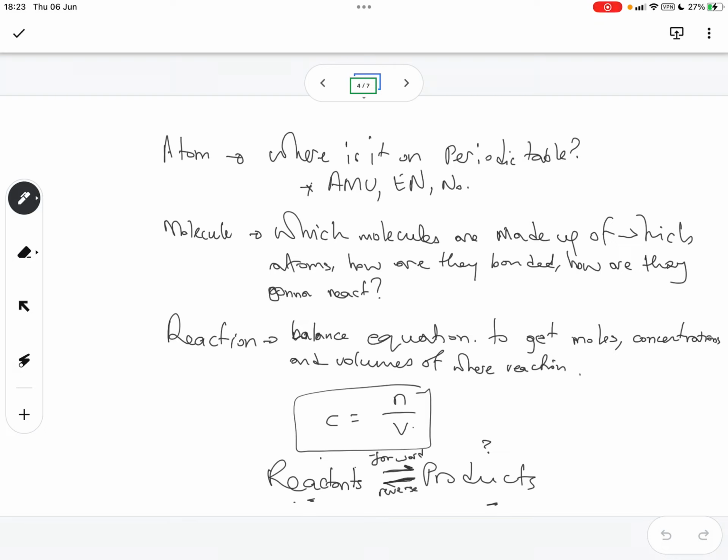All right, and then in this slide we were talking about things to keep in mind when solving chemistry problems.